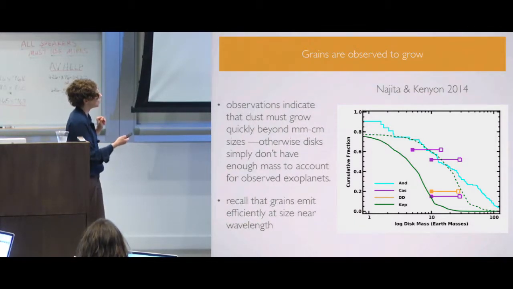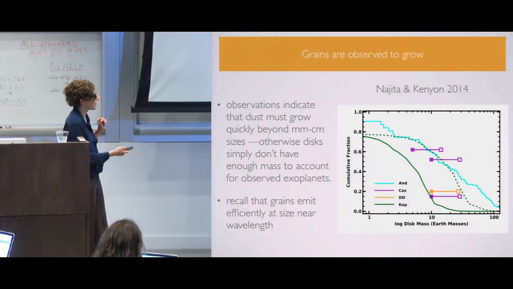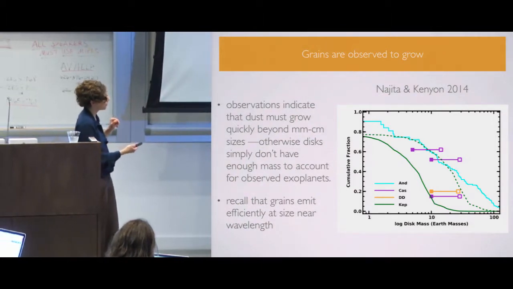This green curve here shows you the cumulative distribution of Kepler actual exoplanets. So if I just take all the mass in Kepler systems and add them up, this is what that green line is. This blue line here, the cyan line, that's showing you class 2 disks in a young star-forming region.